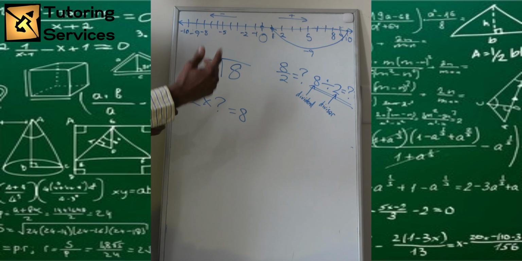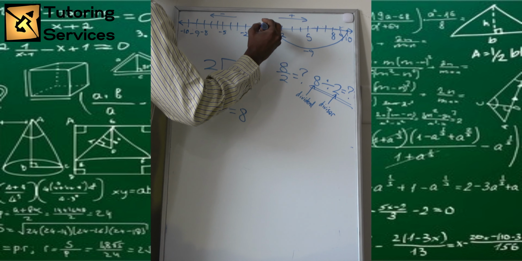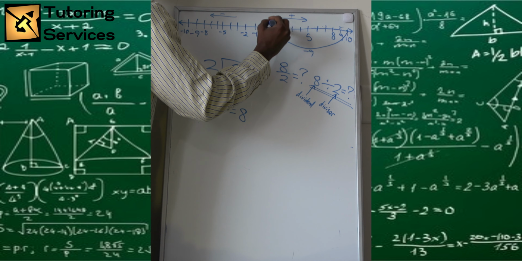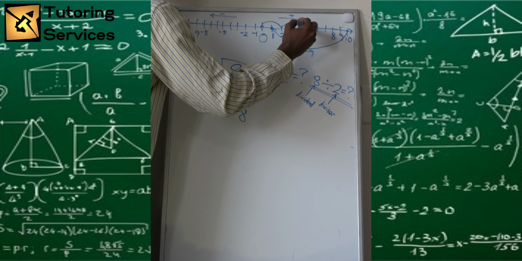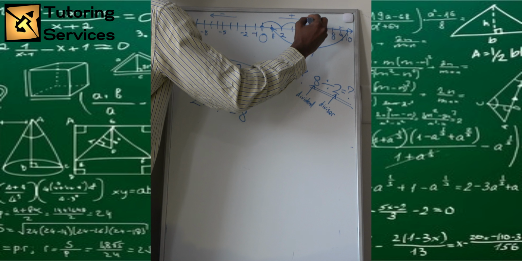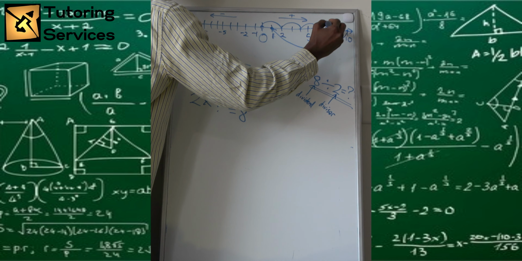Well, let's see. Let's count by 2s. 1, 2. 1, 2. 1, 2. 1, 2. Oh, look, we got to 8 right here.